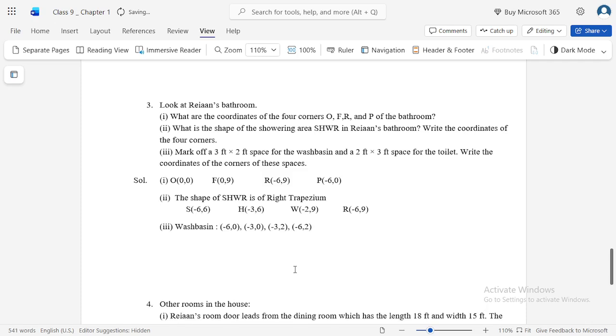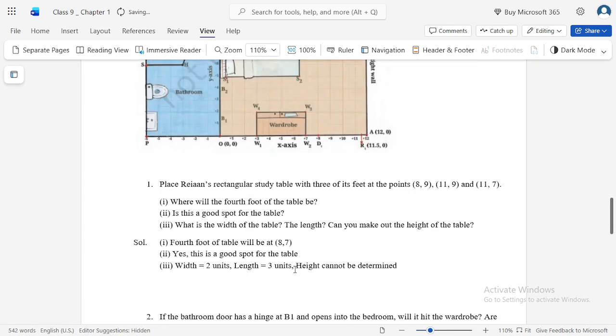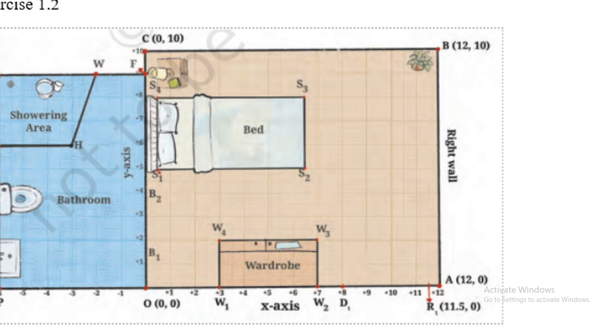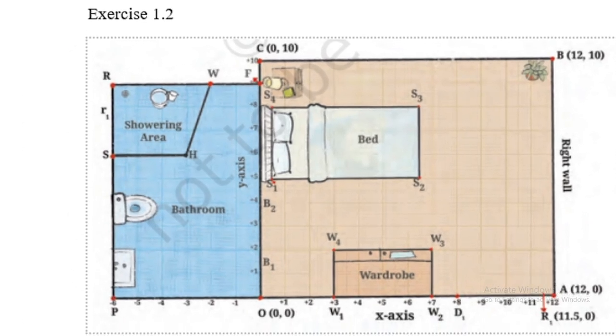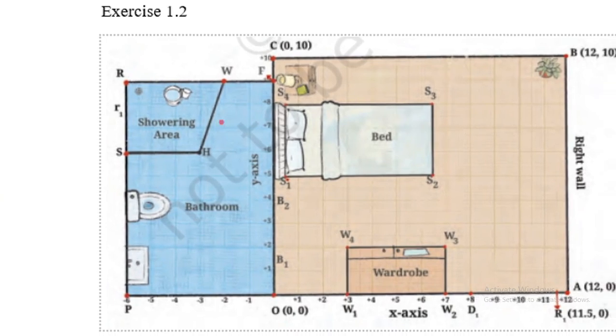Okay, now similarly let's write for the toilet 2 by 3 area. Let me plot that again. So for the toilet this was our area, right?